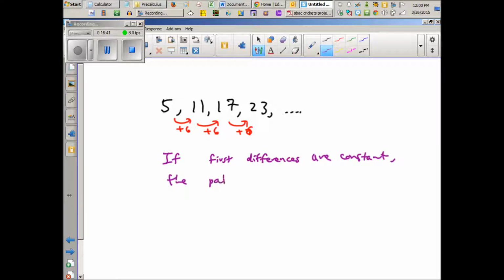The pattern is linear. What does that mean? It just means that your nth term is going to be 6n plus or minus something. Okay? 6n plus or minus something. So does anyone care to guess what this is? This is not 6n. 6n produces 6, 12, 18, 24. I have 5, 11, 17, 23.